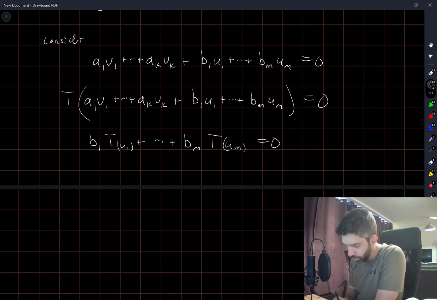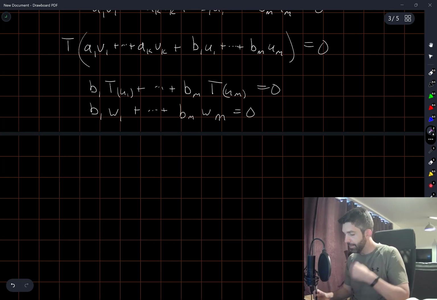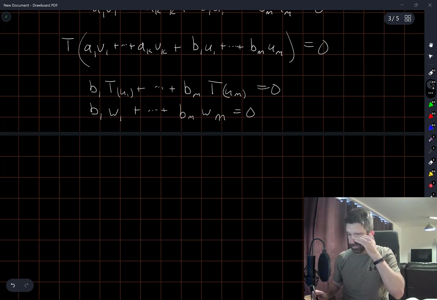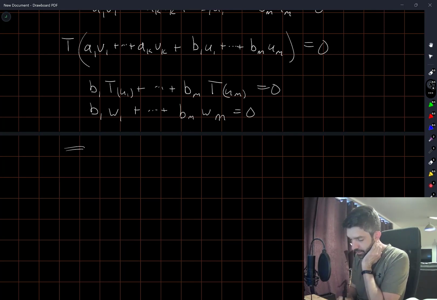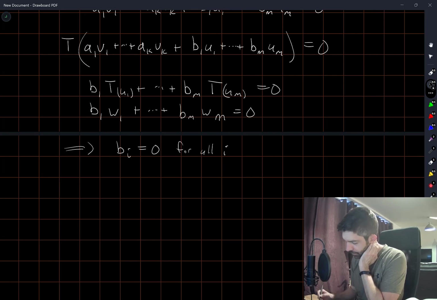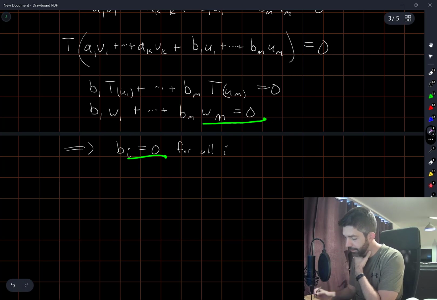But these T of U's, this is what we were calling W, right? B1 W1 plus up to BM WM is equal to 0. But the W's, W1 up to WM, we said is a basis of the image. In particular, W1 up to WM are linearly independent. So this tells us that BI is equal to 0 for all I. If I have a linear combination of W's that adds to 0, that linear combination must be the 0 combination.